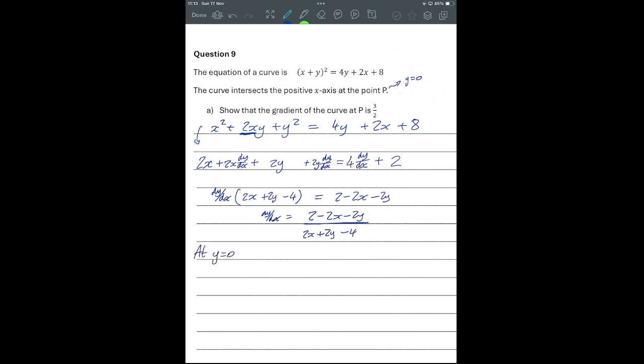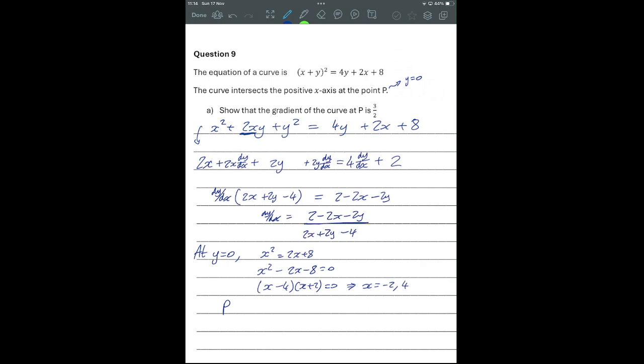So at y equals 0, let's try and solve the original. So that'll be x squared equals 2x plus 8. Make it equal to 0. Use your calculator or factorize. So we have our solutions as negative 2 and 4, but we were told it intersected the positive x-axis.